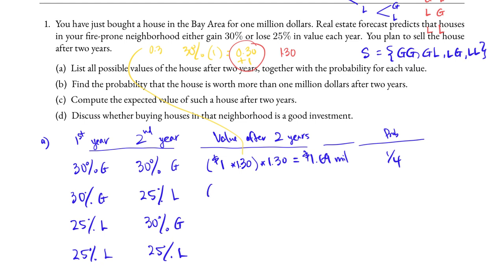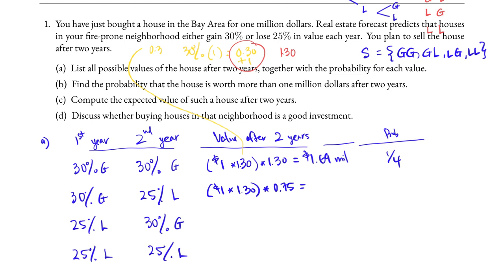Similarly, we take 1 million times 1.30 and then we would multiply. Be careful here. If we use 1.30 for a 30% gain, then for a loss of 25%, we would multiply by a factor of 0.75. Multiplying a number that is less than 1 would decrease the value.